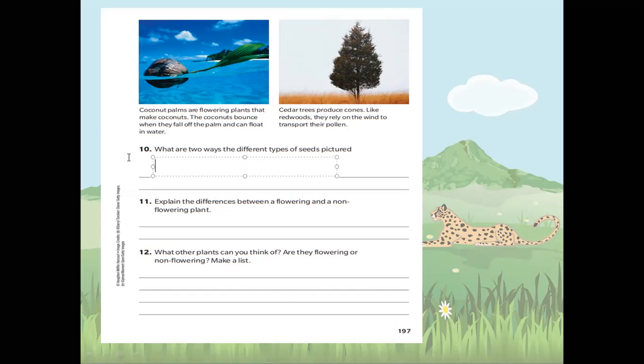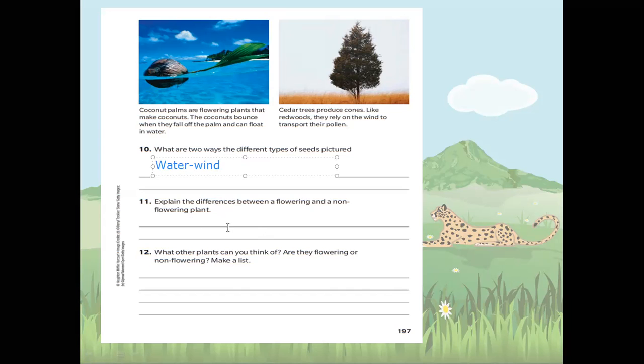This coconut palm moves from one place to another through water, and this cedar tree produces cones like redwood. They rely on wind to move its pollen. So the coconut moves through water, and the cedar tree's pollen or seed moves through the wind.